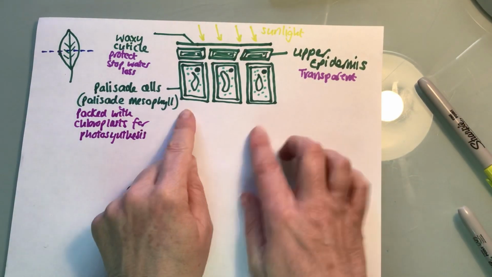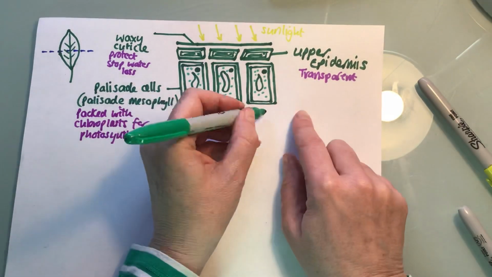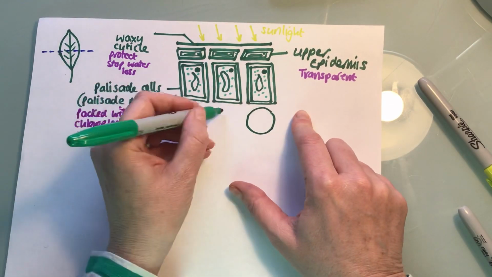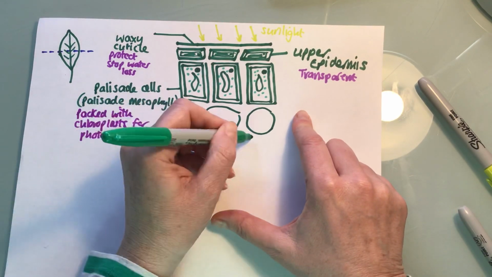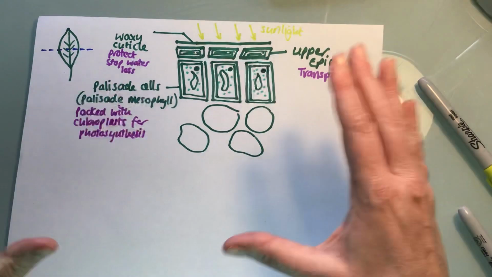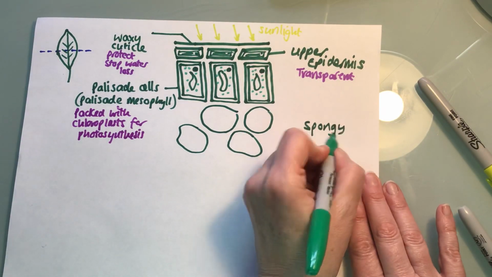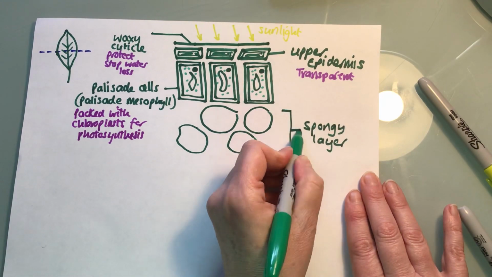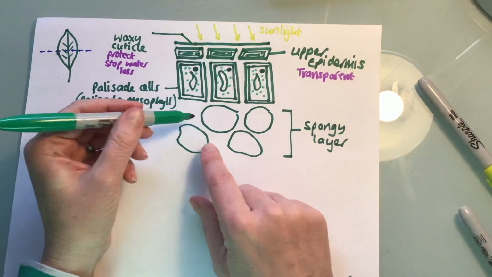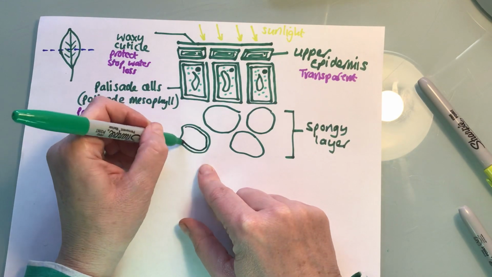Okay, now we've got another layer underneath the palisade cells, and these cells are not quite as organised. They look a bit gappy, and this is the spongy layer, and we call this the spongy layer because it's got gaps in between the cells like a sponge would have. They are plant cells.